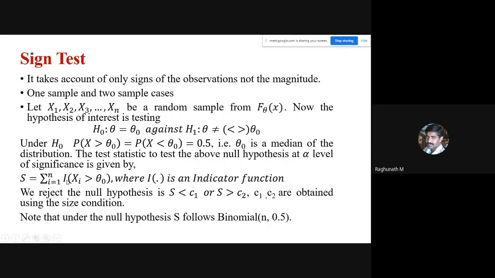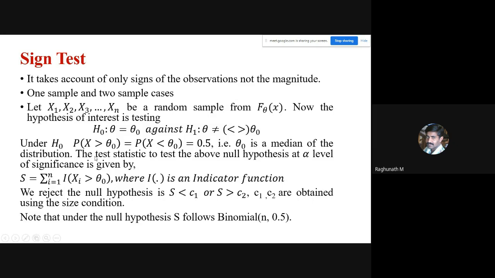We are going to see, out of the n observations x1, x2, up to xn, how many observations are exceeding the hypothetical value. That much count we are going to consider. You can look into the literature: the indicator function plays a major role in non-parametrics. A very simple function, but one of the greatest things.